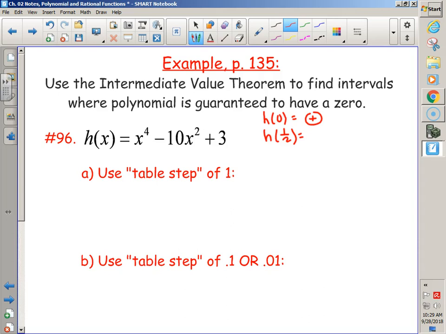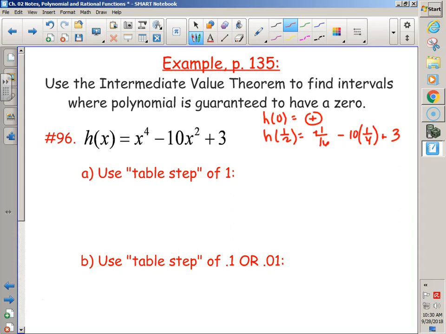I would get 1/16, which is a positive, and then minus 10 times 1/4, and then plus 3. Isn't that negative 2.5? Oh, that's a positive also.